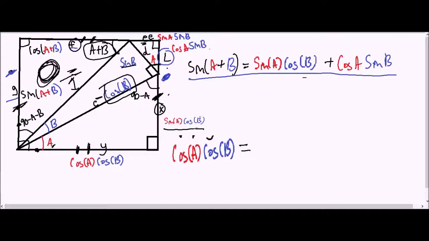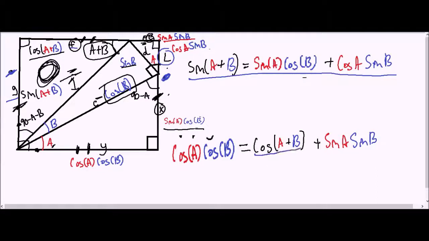We have F and we have E. F is equal to cosine of A plus B, plus sine A sine B. That's E over here.